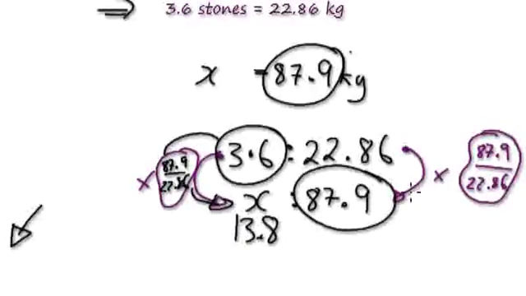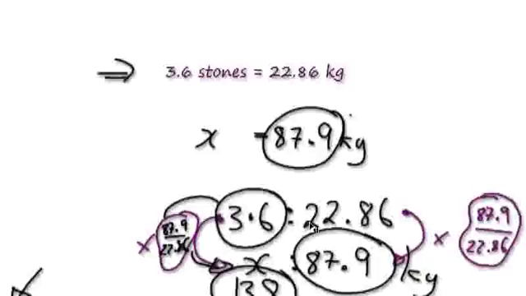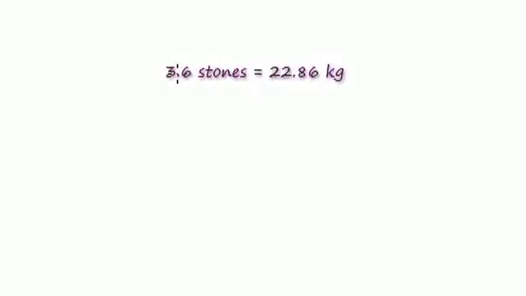So this many kilograms would be the same as 13.8 stones. My point is that you don't always need this number to be a 1 when you're converting from one unit to the other.